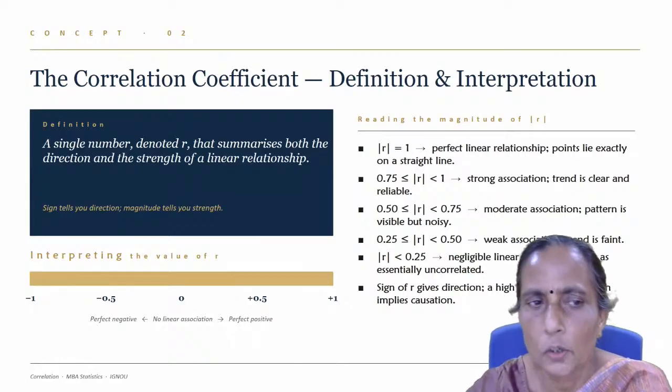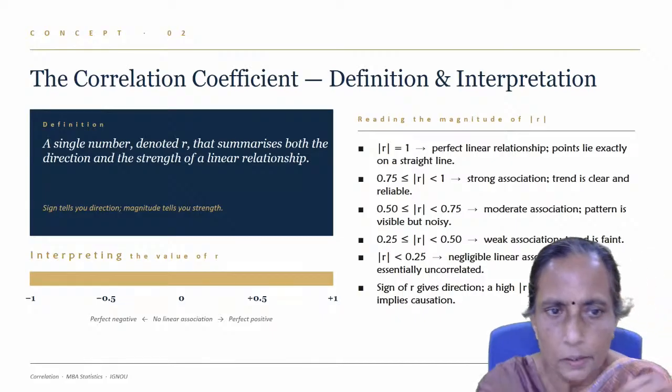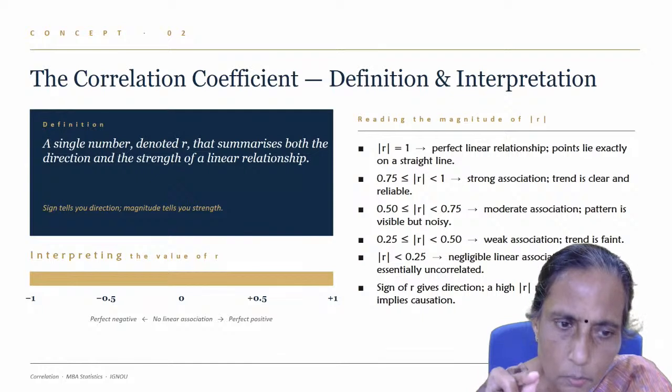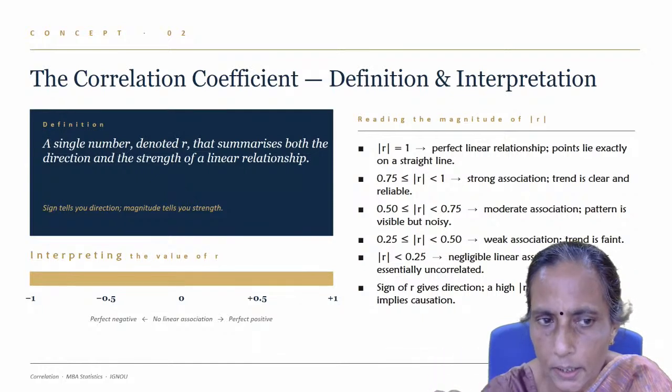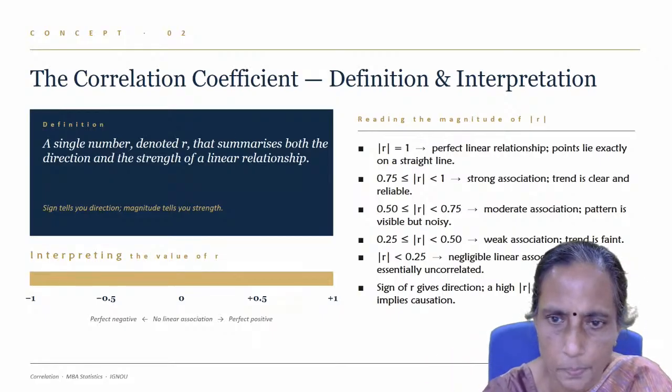So the correlation coefficient is a single number, denoted as small r, that summarizes both the direction and the strength of a linear relationship.